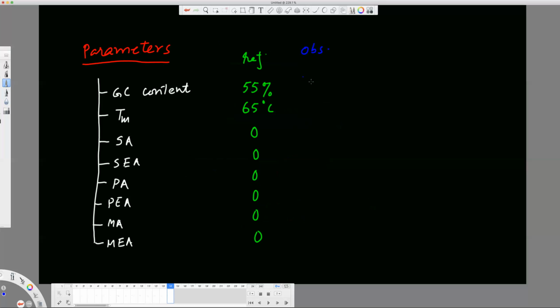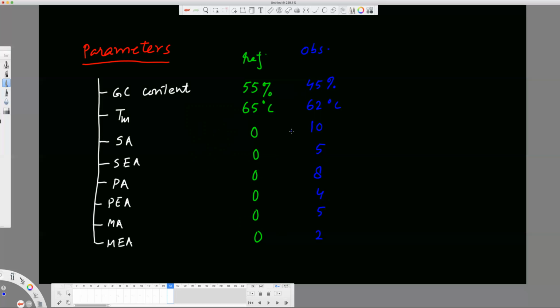Let's say my GC content was 45% for one of the primers, my TM was 62, and the scores were 10, 5, 8, 4, 5, and 2. Let's say these are some arbitrary scores, and I will show you how we actually calculate these scores.